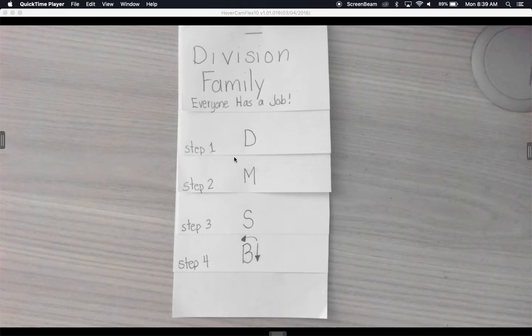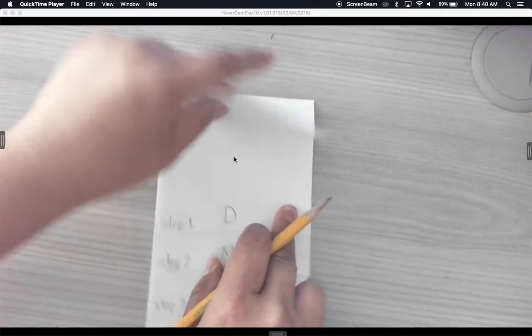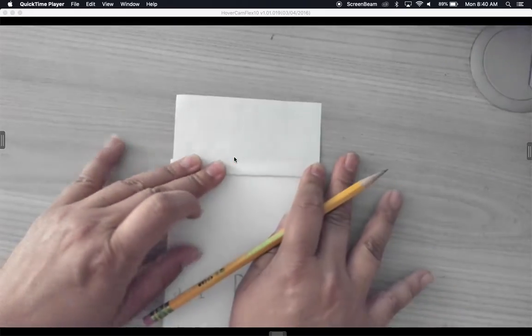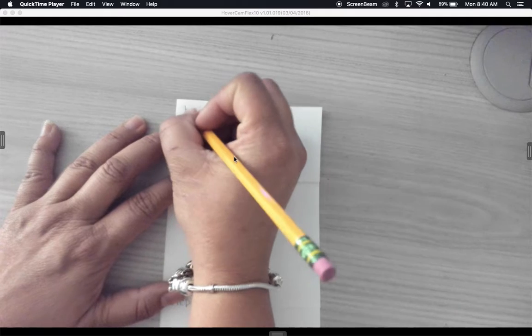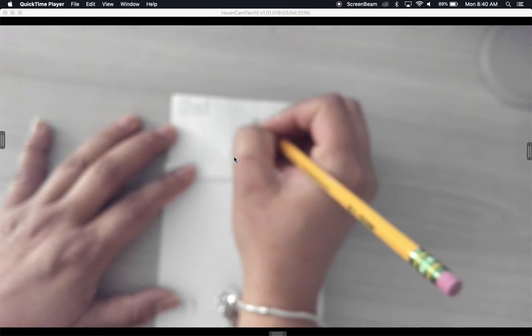So step 1, and then we're going to meet Dad. Okay? So here we're going to have Dad.